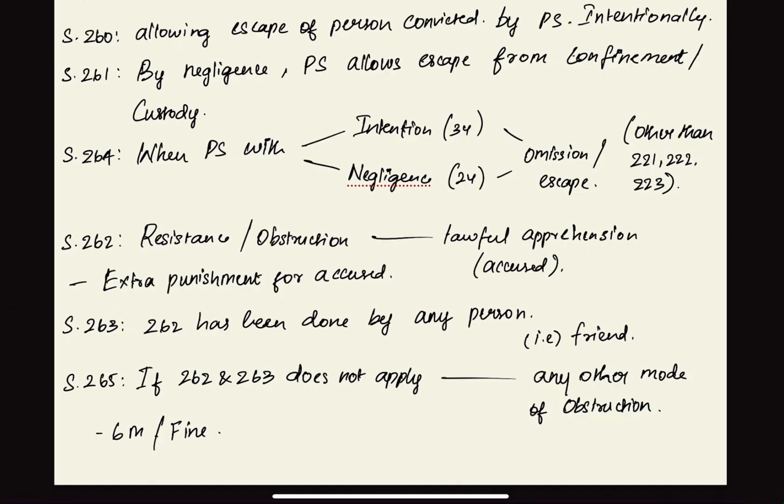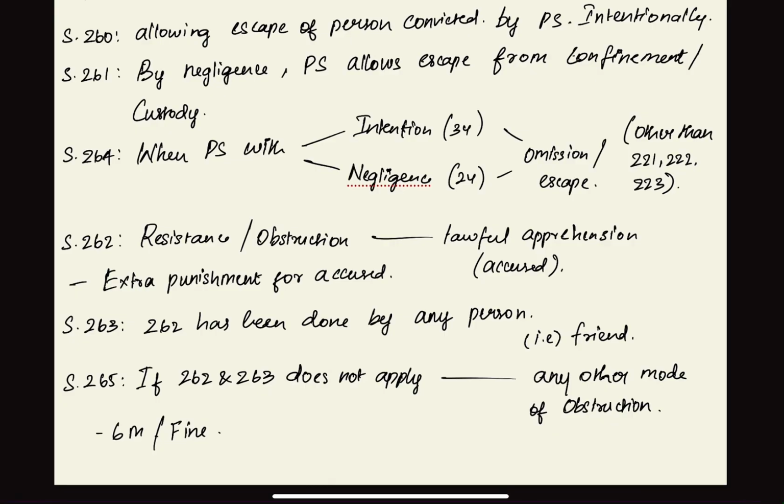Section 264 deals with when a person, with intention or negligence, the public servant, facilitates escape or omits to confine that person with intention or via negligence, then they shall be liable.